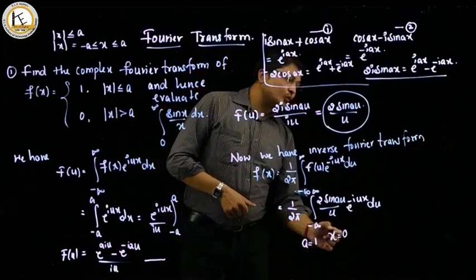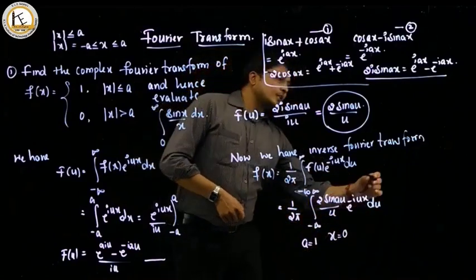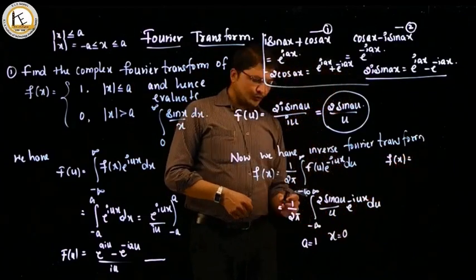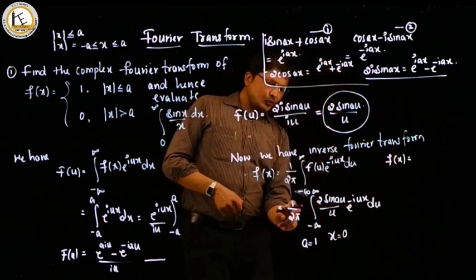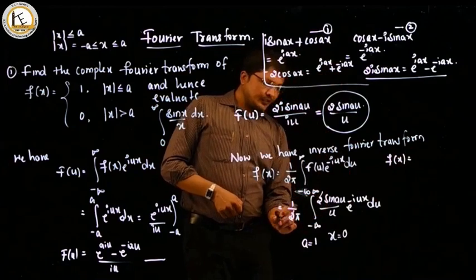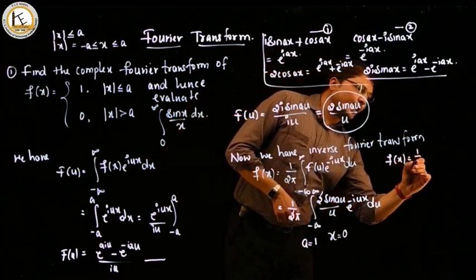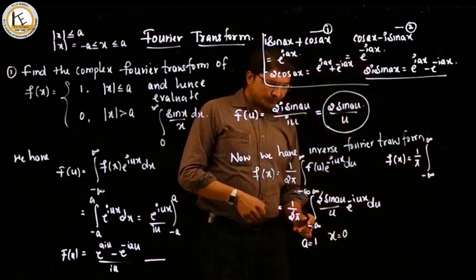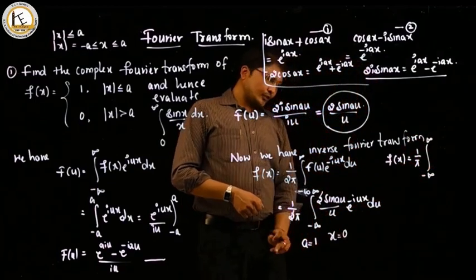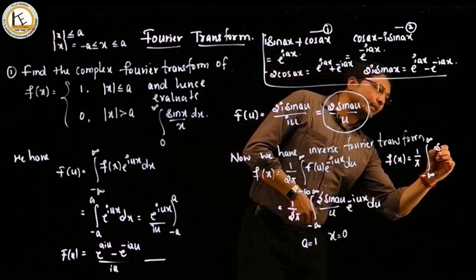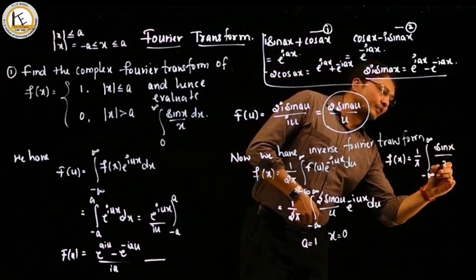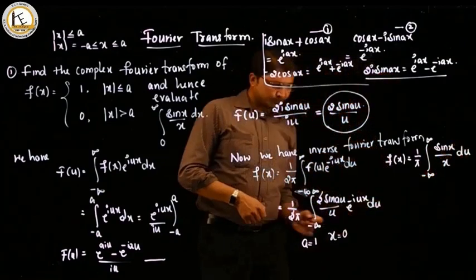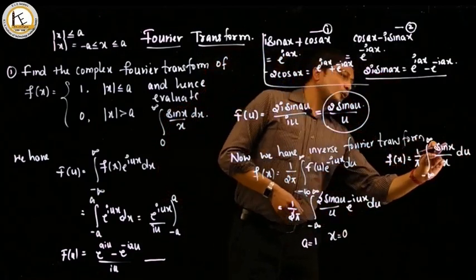So putting a equal to 1 and x equal to 0, f of x becomes, obviously the 2 and 2 get cancelled here. So remaining is 1 upon pi integral minus infinity to plus infinity, and when I put a equal to 1 and x equal to 0, it becomes sin u by u with respect to u.